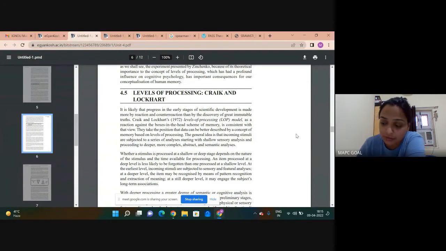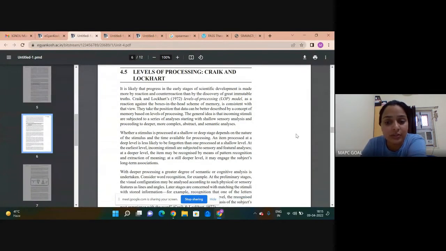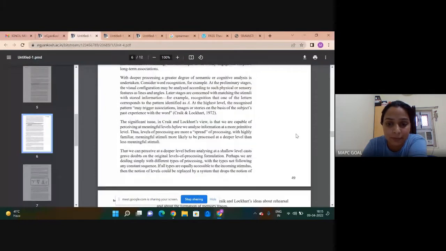But if you understand the information, the data or whatever, and if you just give your notes a reading, then you are doing a shallow level of processing. If you want to send it to long-term memory and recall it for a longer period of time, or maybe after some months for your exam, then you need deeper level of processing. So these two types of processing have been explained in this model.